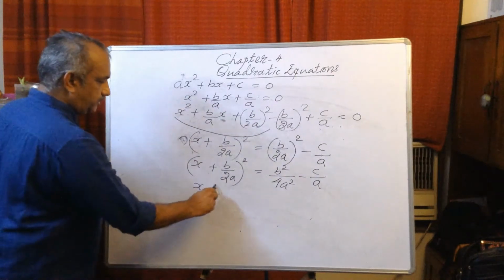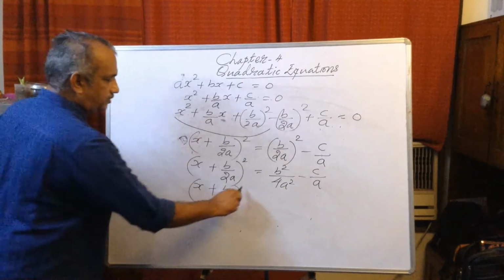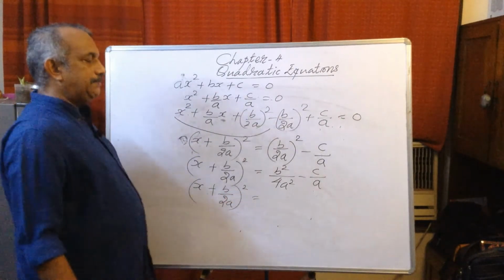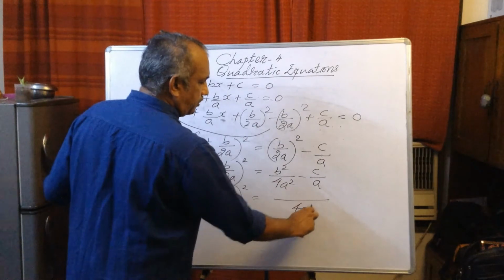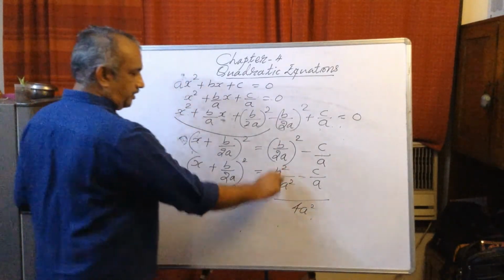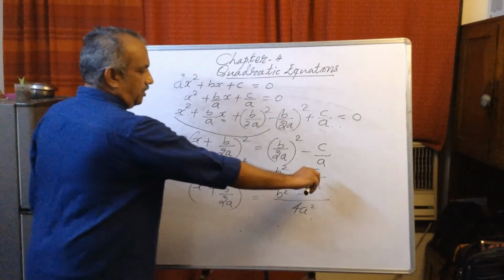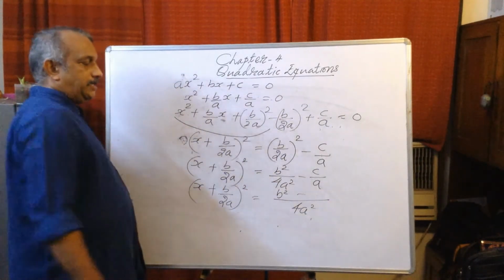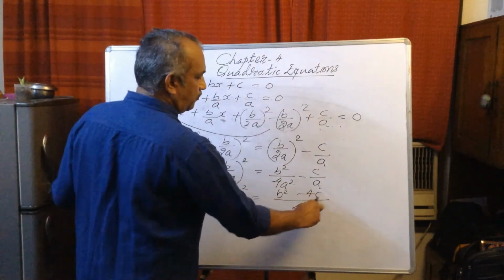Again x plus b upon 2a the whole square is equal to, I am taking the LCM. The common denominator is 4a square, already 4a square, so b square. Now by what should we multiply a to get 4a square? By 4a, so b square minus 4ac.